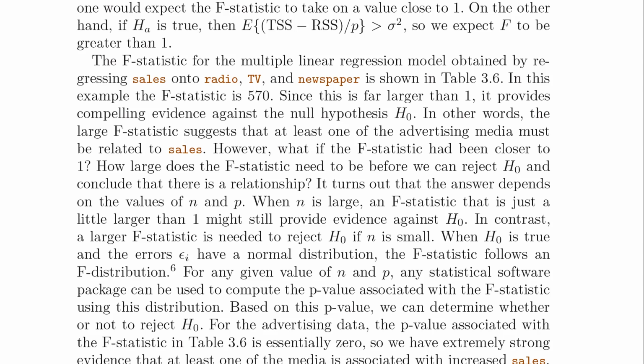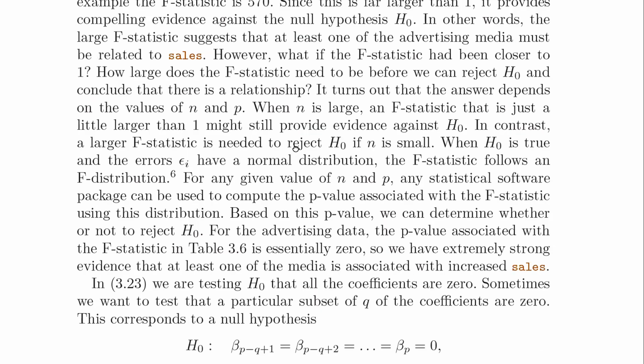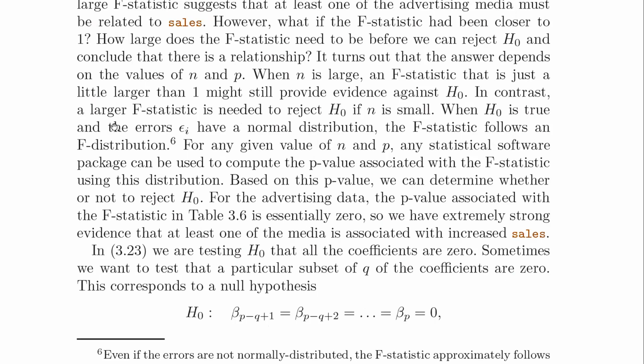And as a result, the larger n is, the less large an F statistic you need to reject the null hypothesis. In contrast, a larger F statistic is needed to reject H0 if n is small.